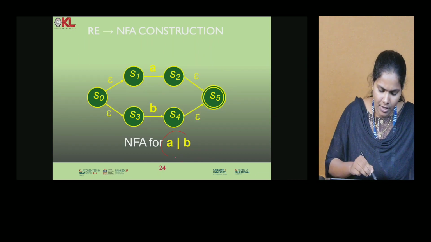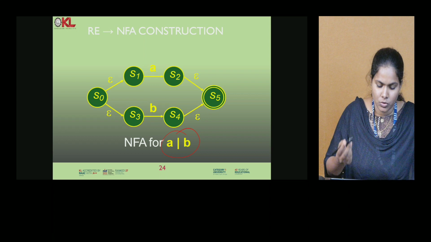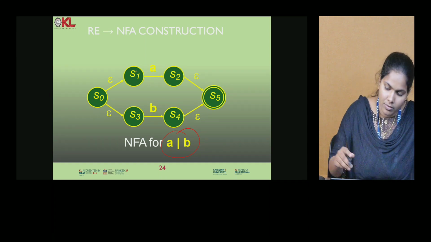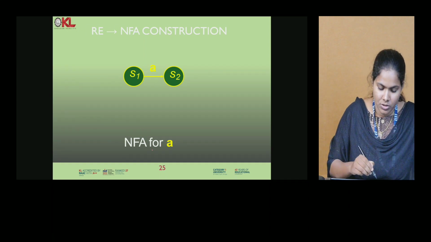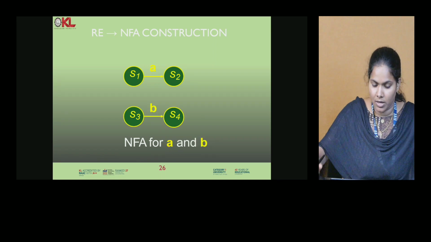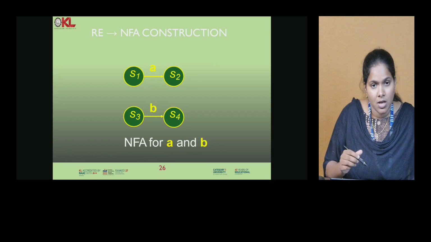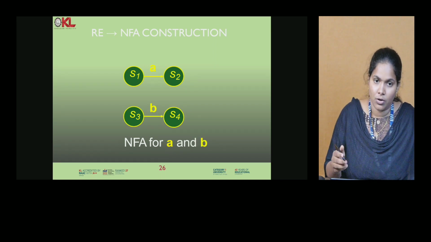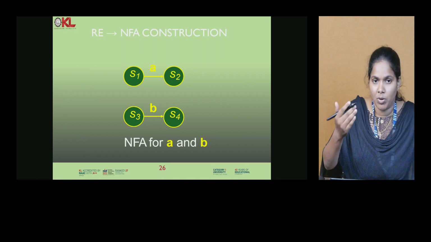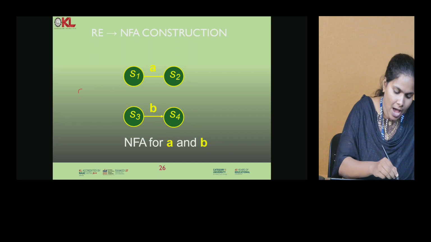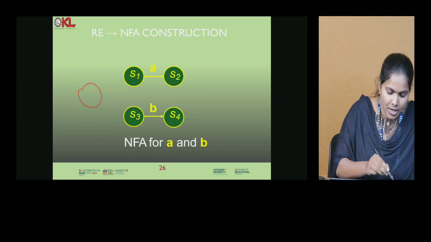Now the NFA for A or B. First generate the NFA for A, next generate the NFA for B. Now it is not consecutive A and B, it may be A or it may be B. So we need to have one state that leads to either this one or this one.